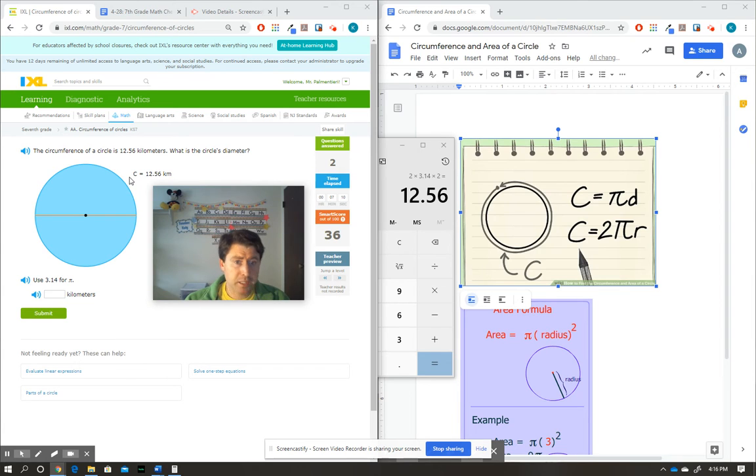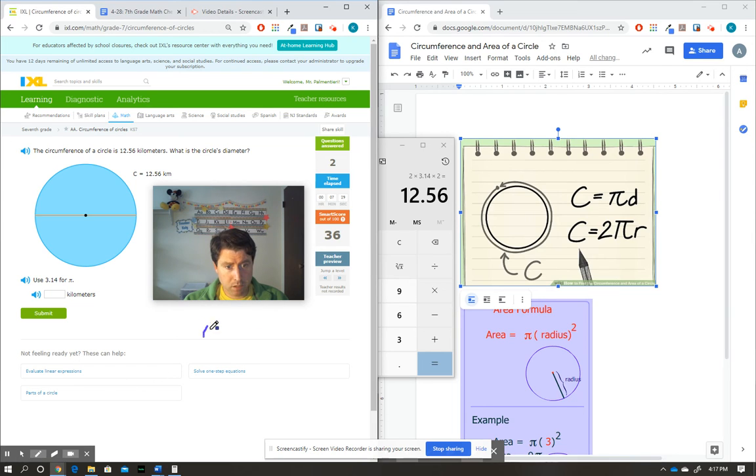Now it does get a little bit tougher because if you take a look at this one, they're going to give you a circumference of 12 56/100 kilometers, and they want you to find the diameter. So I'm going to set this one up with my pencil.